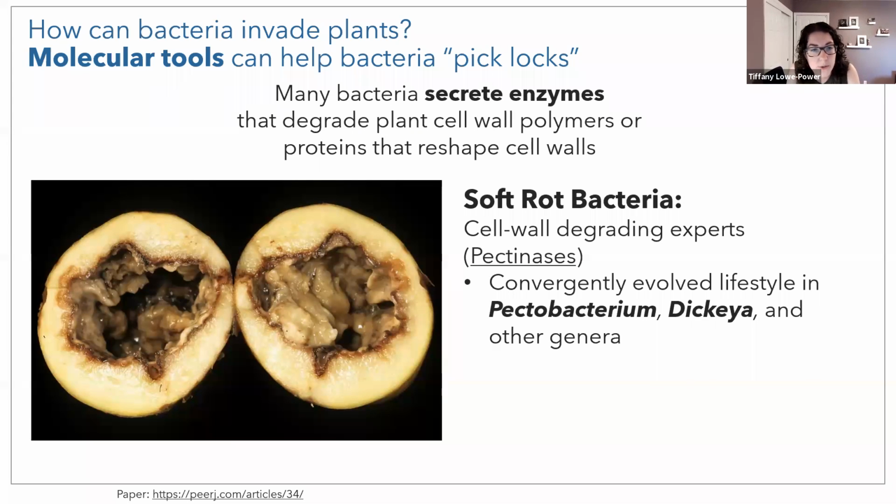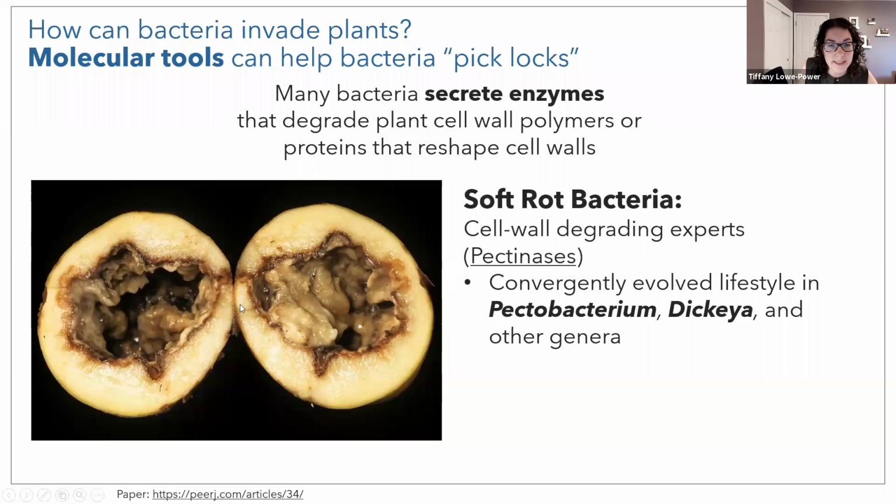There's also bacteria that colonize the starchy tubers of potatoes, carrots, any sort of starchy below ground organ. A lot of these cause soft rot disease, where you get this really nasty goopiness inside the produce.